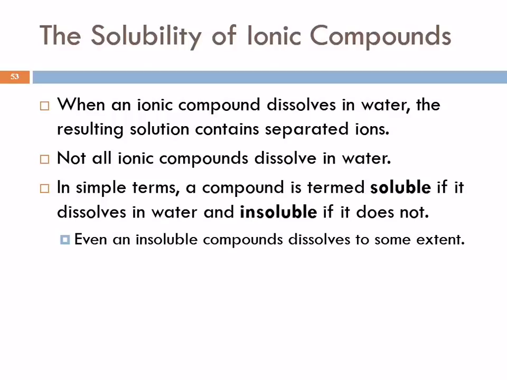There's not a sharp line here. It's kind of a gray area in the middle, because even what's considered an insoluble compound will dissolve a little bit, right? But it's so tiny that it doesn't really matter. And so there's not a real clear distinction there.